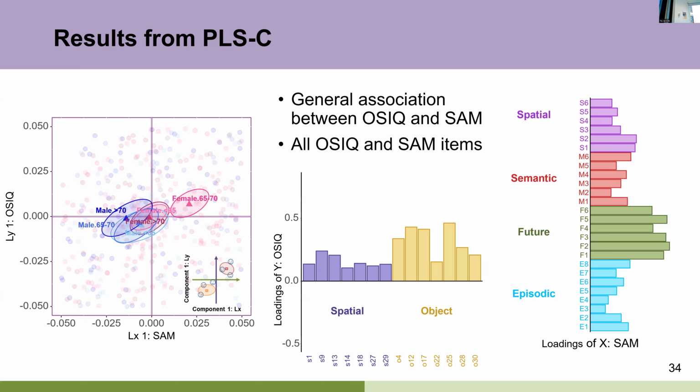And now we look at what contributes to this differentiation. How do you define a component? That brings us to the loadings for these. And you can see that all of them have positive loadings. That's why I said when I first showed you this that this dimension is capturing general associations. It's telling you that, first of all, everything in OSIQ is measuring similar things on this dimension, right?